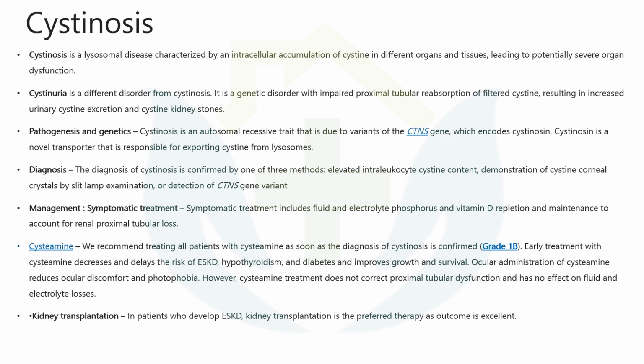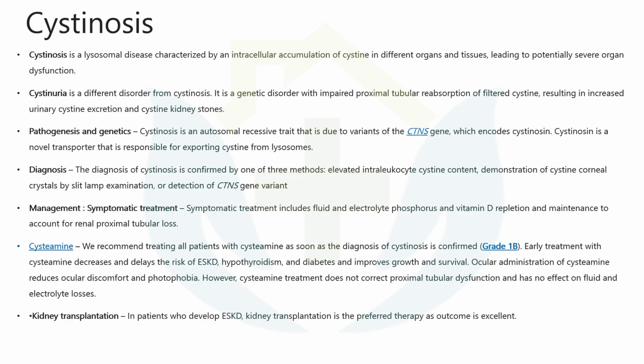There is one agent, cysteamine. We recommend treating all patients with cysteamine as soon as the diagnosis of cystinosis is made. This cysteamine basically decreases and delays the risk of kidney disease.